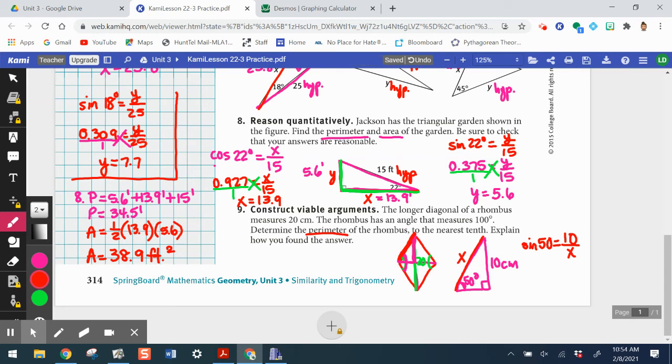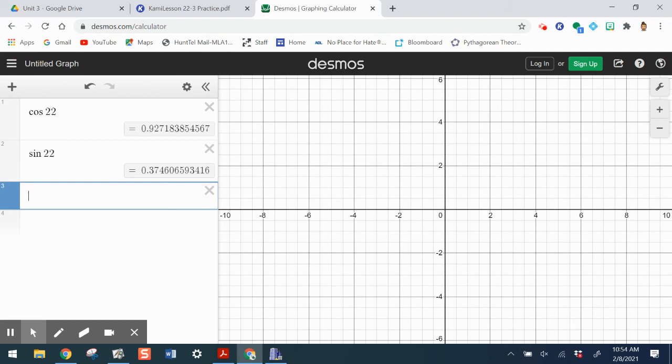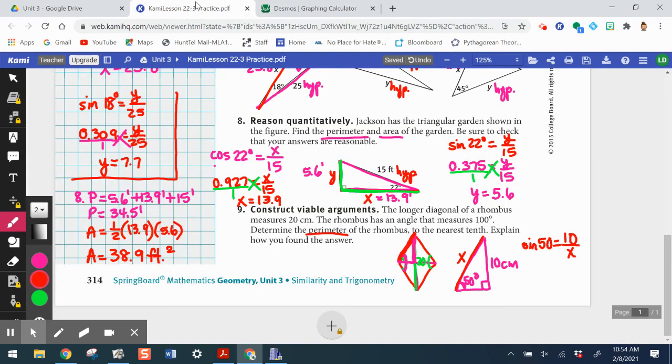So now let's go evaluate the sine of 50 to the nearest thousandth. I see that it's 0.766, so we'll replace sine of 50 with 0.766 equal to 10 over x.